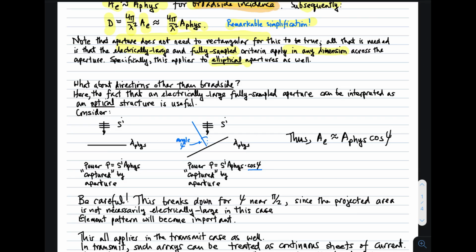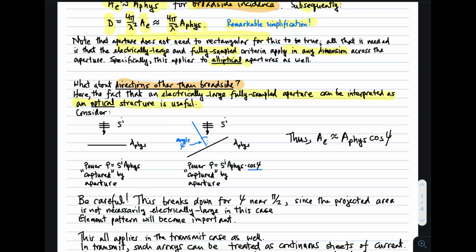And so you might ask, what about directions other than broadside? Here the fact that an electrically large, fully sampled aperture can be interpreted as an optical structure is useful. This is addressed in a different lecture, but the idea is that when an array is electrically large and represents a fully sampled aperture, it behaves like an optical structure in the sense that the amount of power captured is similar to that of a window.